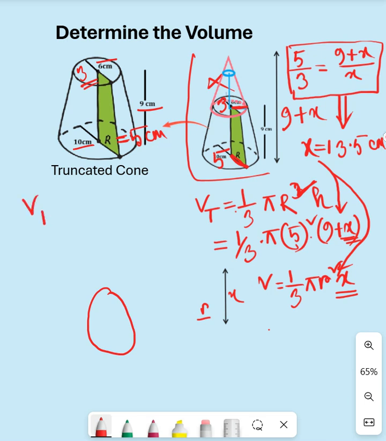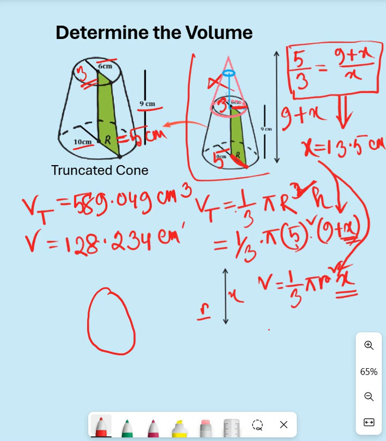Now plug in the value of x here as well as here. We have the total volume of the cone, Vt, equal to 589.049 centimeter cubed, and this small volume will be 128.234 centimeter cubed, right?